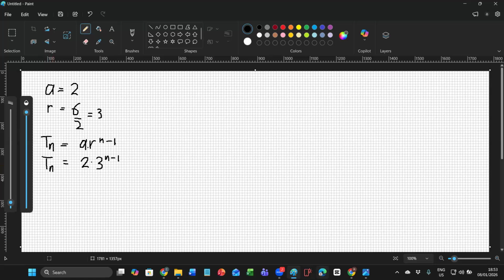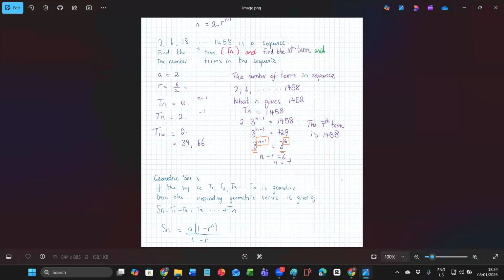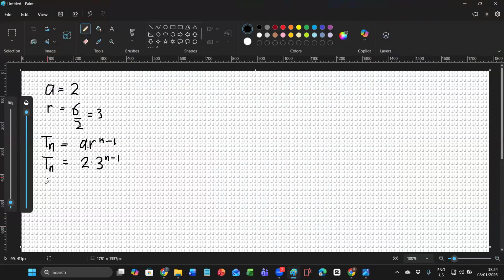Okay, so the next thing we see is what is the tenth term. The tenth term would be where n is equal to 10.